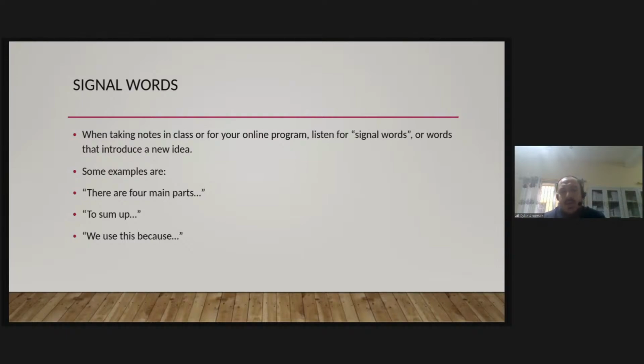A lot of the time, the teachers will give a signal that there will be different chapters or parts or segments of a particular lesson. That will help you organize your notes. You can write 1, 2, or 3, something like that.